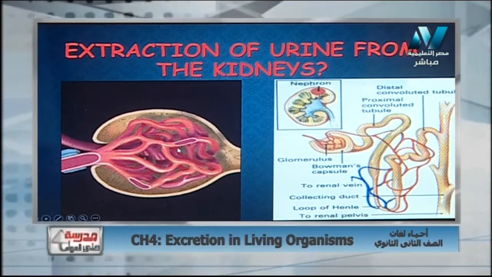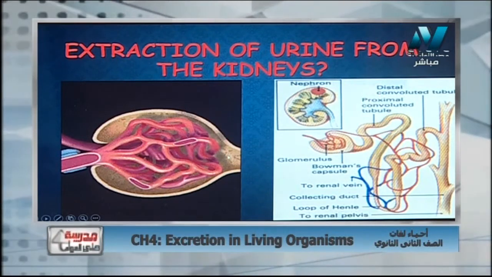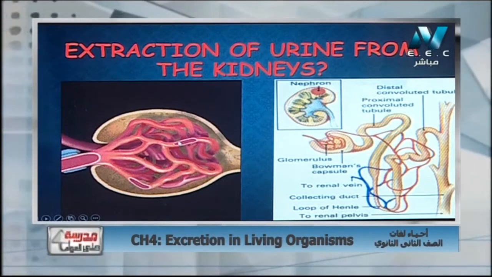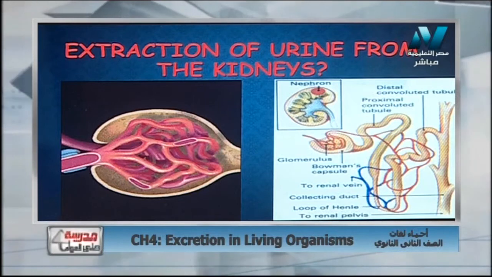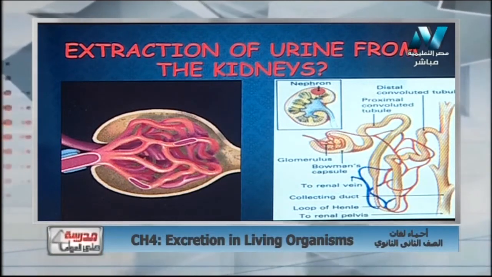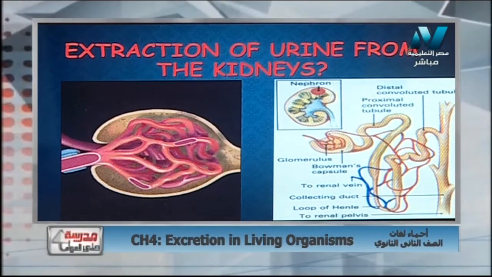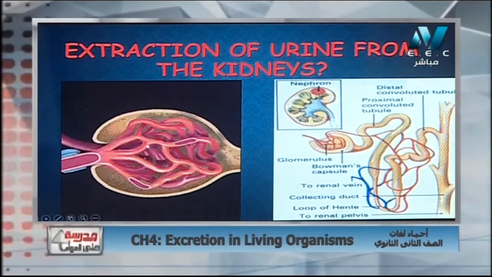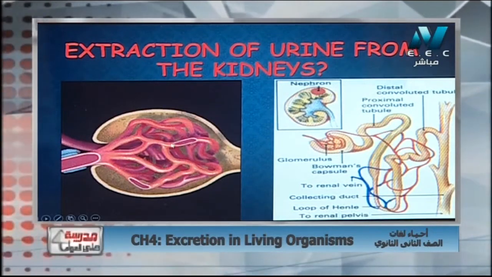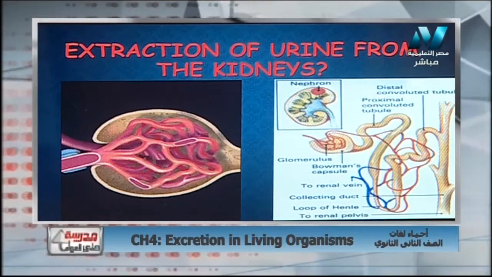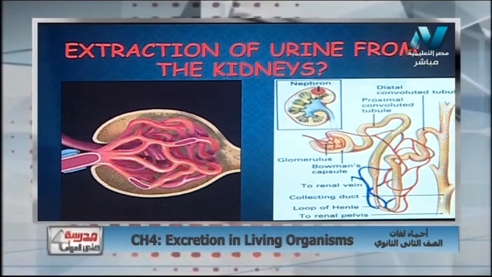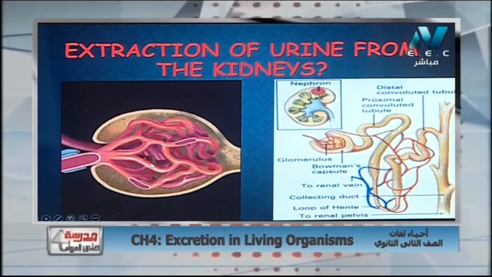So the plasma of the blood is filtered out into Bowman's capsule, most of it, but not the cells and not the proteins. So what is the component of the plasma of the blood? Can you remember? Yes, most of the plasma is water with dissolved substances, salts, sugars, or waste materials.